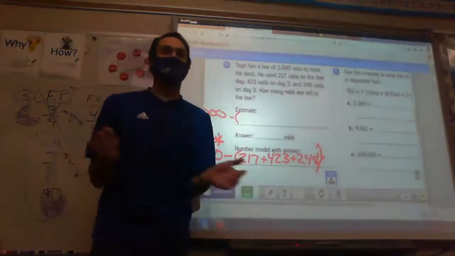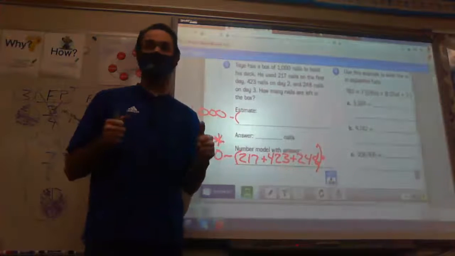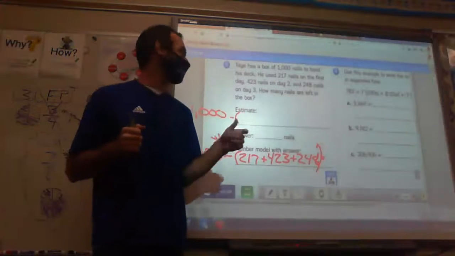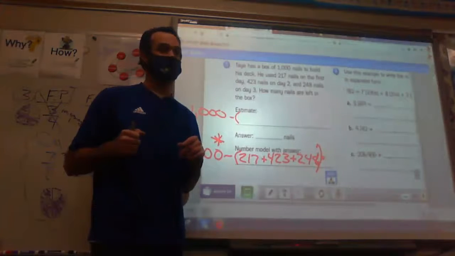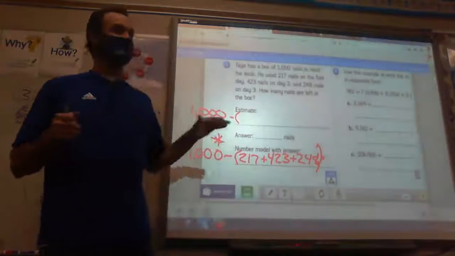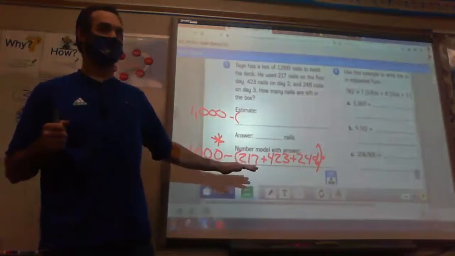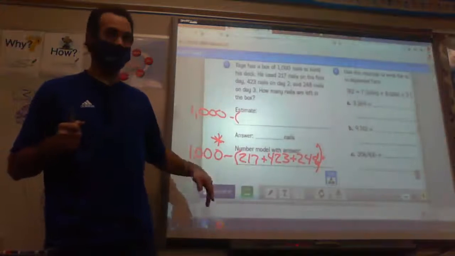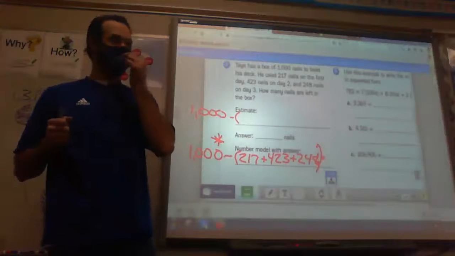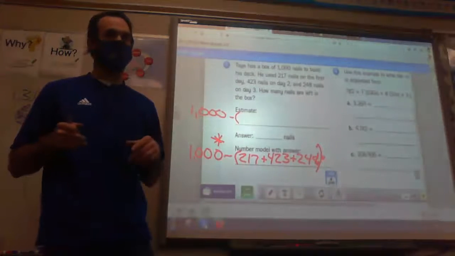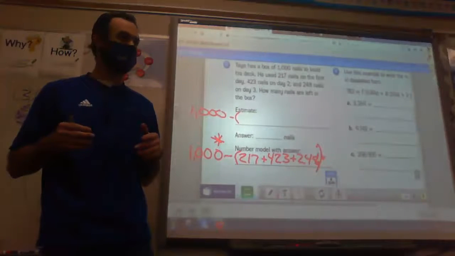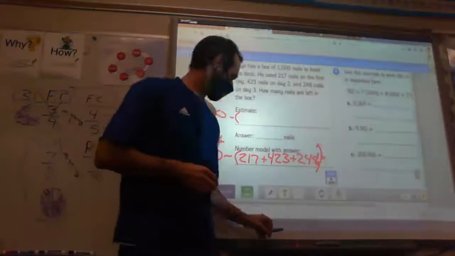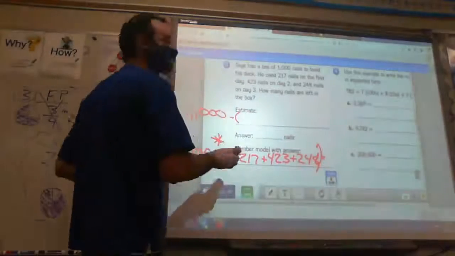And be able to go, you guys got this? And everybody go, got it. I know what to do. And not have to write it all out. That's my goal someday. Because none of this math is too difficult for you. You're able to do the adding. You're able to do the subtracting. I think it's just the quantity of work, that it takes time, that is daunting. Okay, questions?